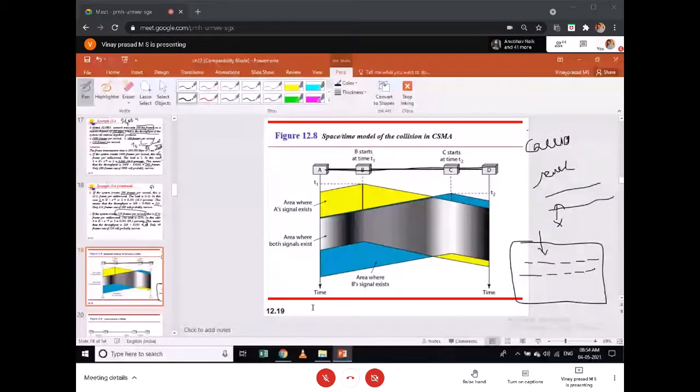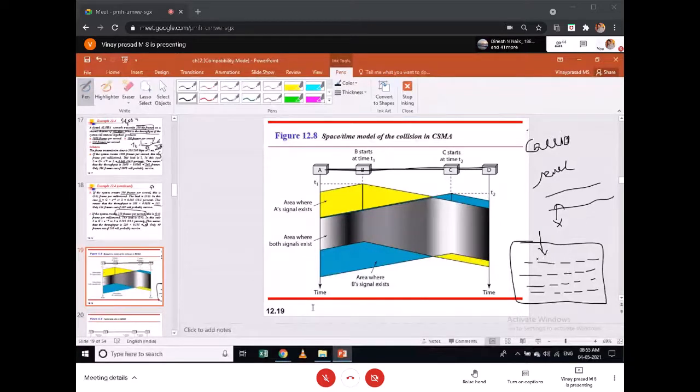In pure Aloha or slotted Aloha, if more than one person talks at the same time, there will be a collision, isn't it? That is what we are trying to avoid.